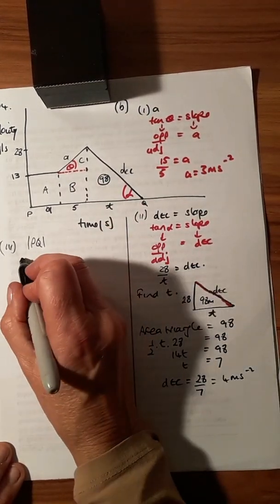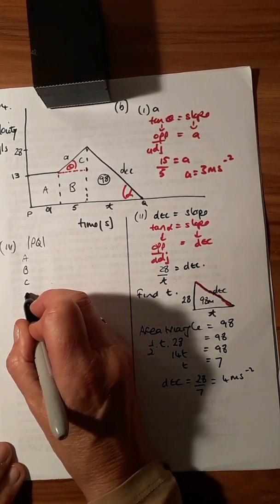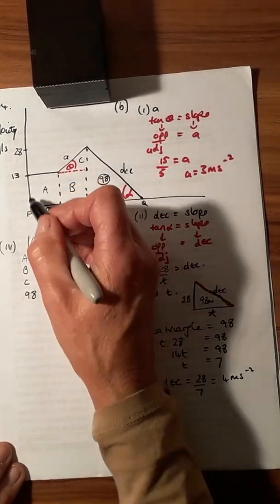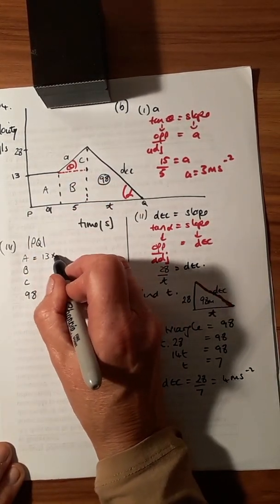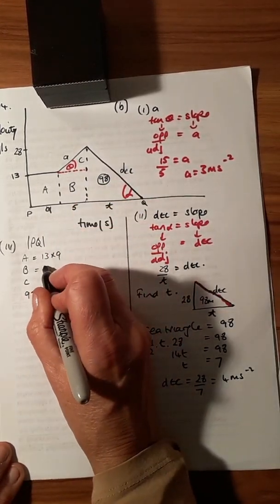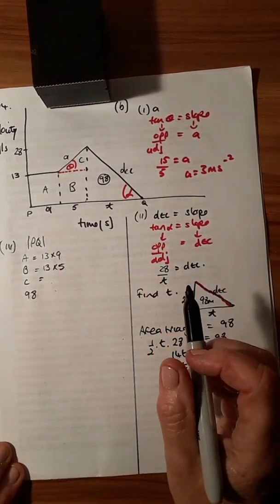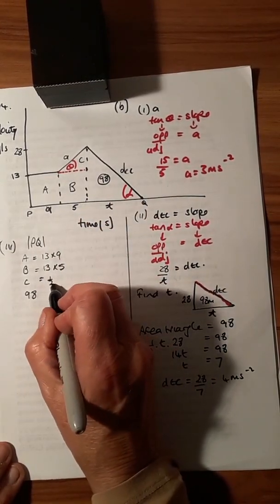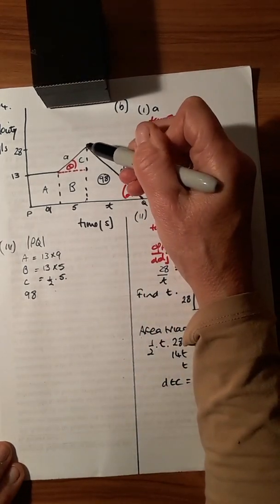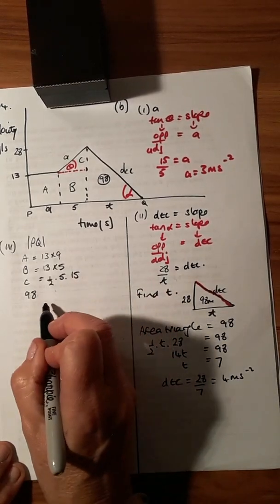So the total distance will be A plus B plus C plus 98. A is a rectangle, 13 by 9. B is another rectangle, 13 by 5. C is a triangle, half the base, which is 5, by the perpendicular height from 13 to 28, which is 15. And D, the last bit, is 98.